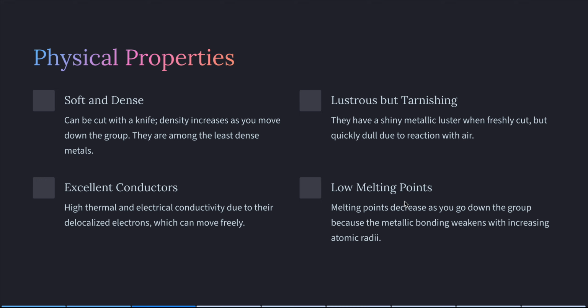This is also because of the topic of atomic radii. When we go down a group, there is an increase in the number of shells as the period increases. This means there's weak attraction between the nucleus and the farthest electrons.